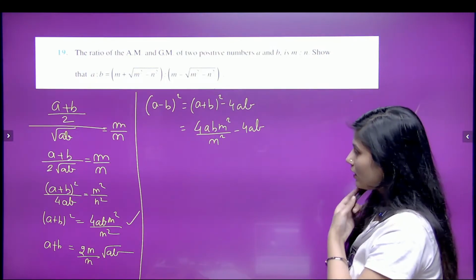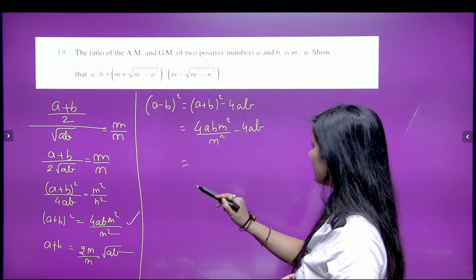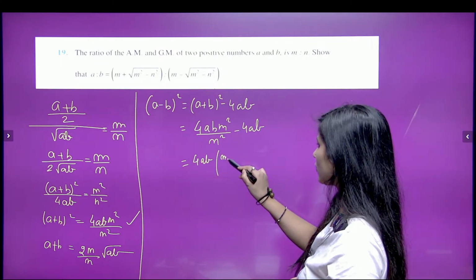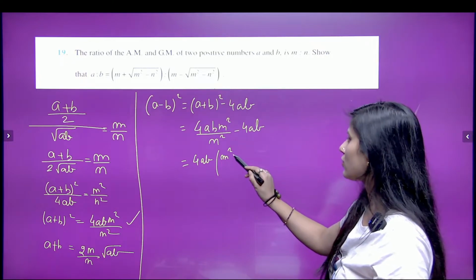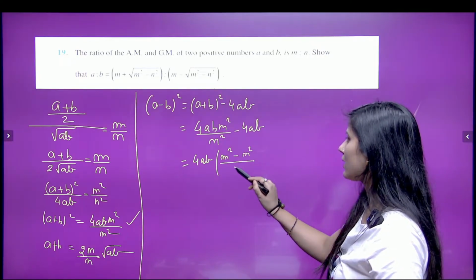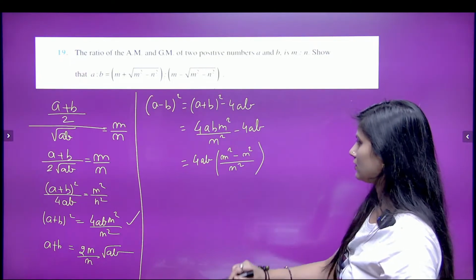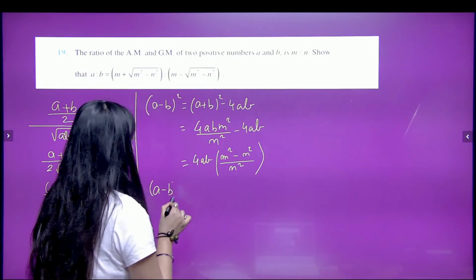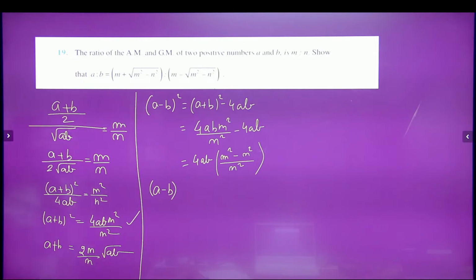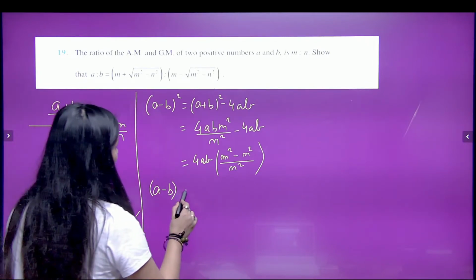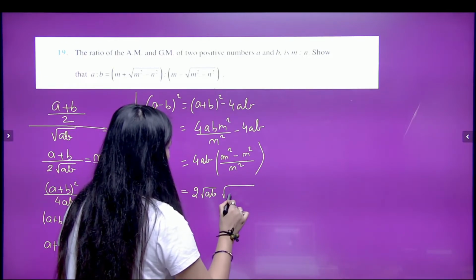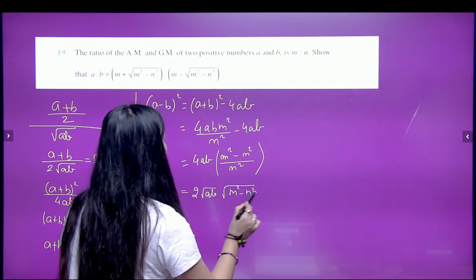If I take 4AB common, then I have M square by N square minus 1, or I can say M square minus N square by N square. Now if I want to find the value of A minus B only, it will be 2 root AB root M square minus N square by N.